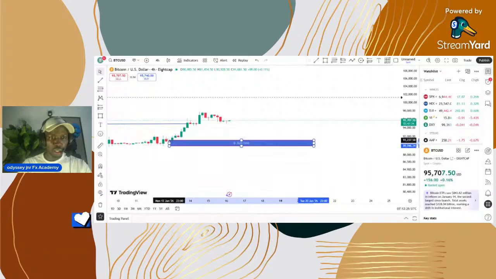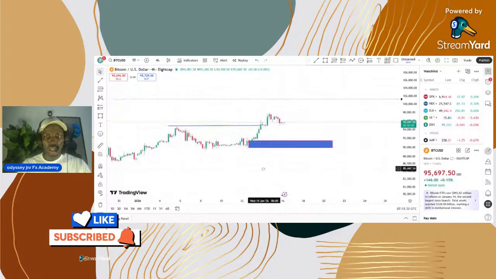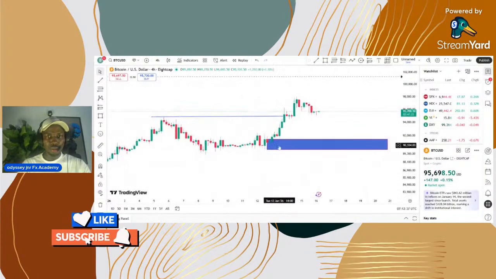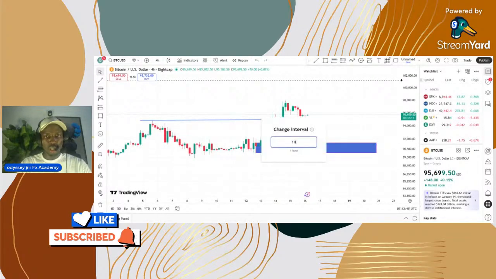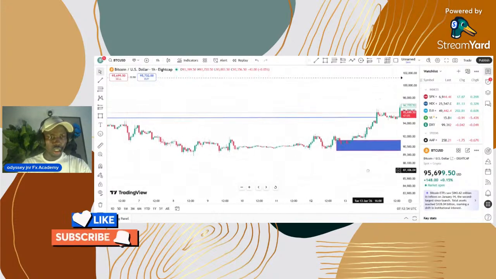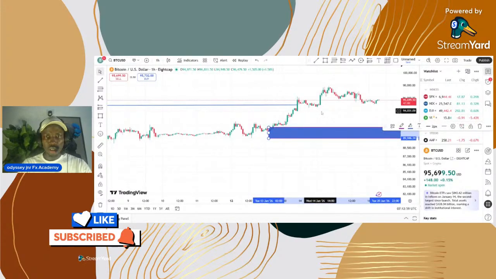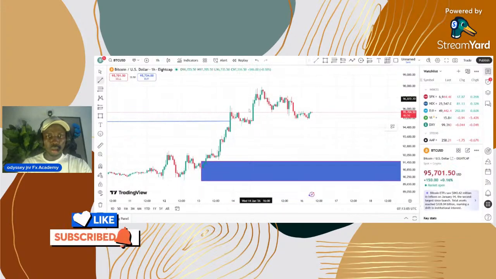In the 4 hours, we get the order block here. Then we go to the 1 hour. This order block is still valid.